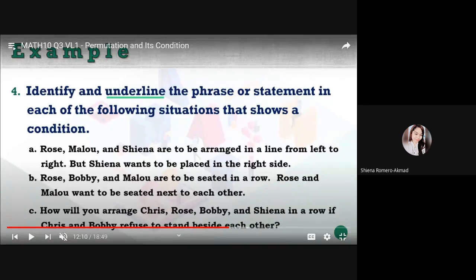So, sa tingin mo, sa problem na yan, alin kaya dyan yung nagbibigay sa'yo ng condition or it shows a condition? That is permutation, pero ang hinahanap natin ngayon is yung condition. Si Sheena po. Ano? Sheena. Ano yung condition niya?